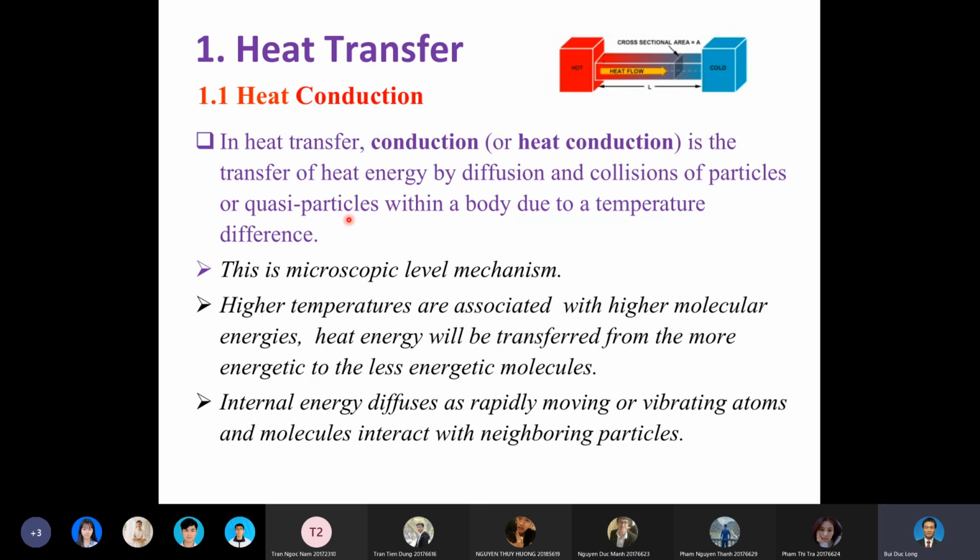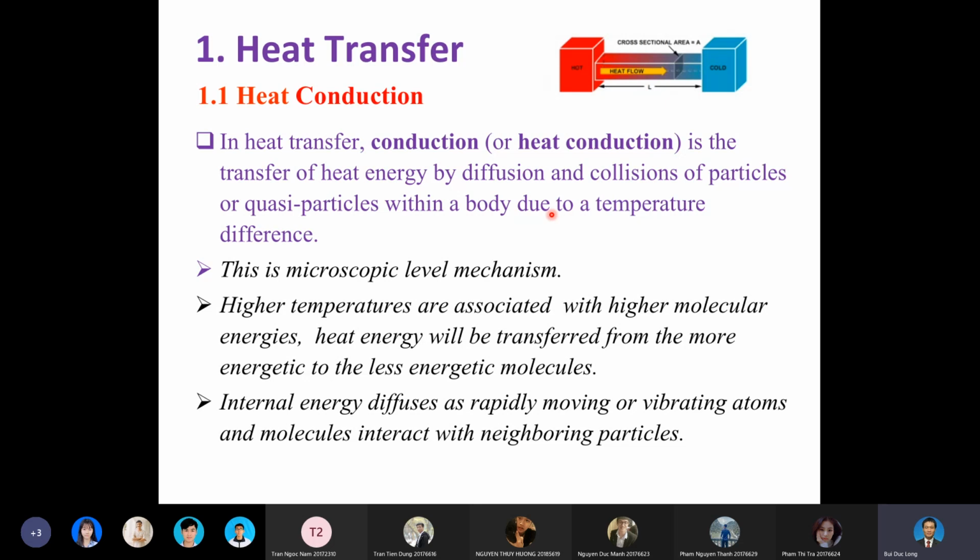As I mentioned earlier, this applies not only to a single system or body, but also to a system with different bodies in contact. This definition gives you a very simple way to imagine how heat transfer will happen.